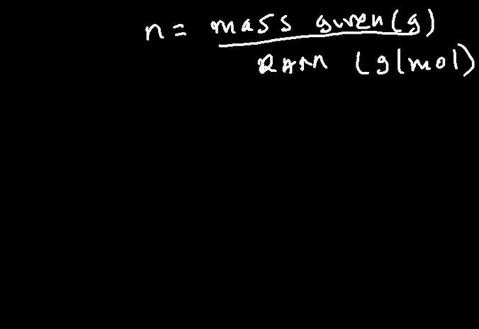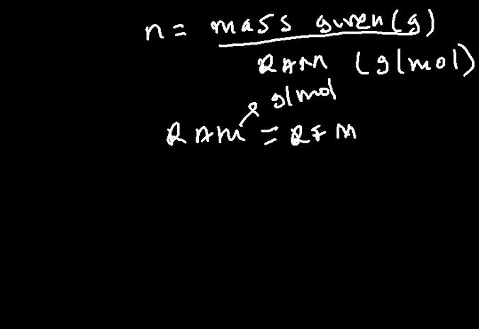And how do we calculate the LAM? The LAM is calculated the same way the relative formula mass is calculated. So the LAM is the same as the relative formula mass of a compound, only that the LAM has to be given in grams per mole.